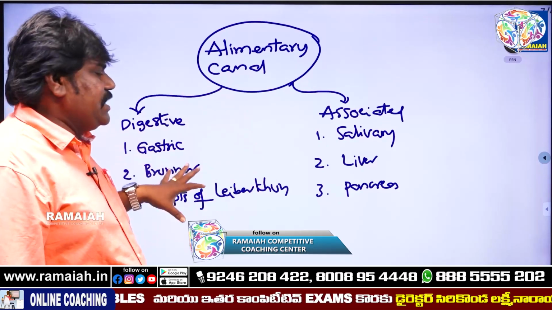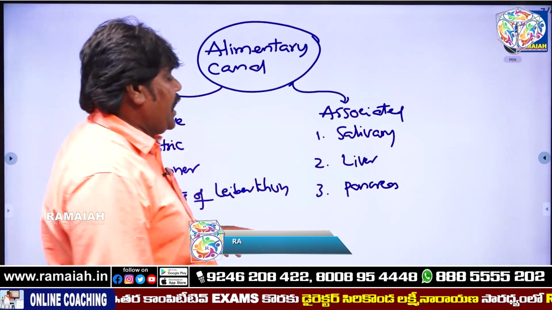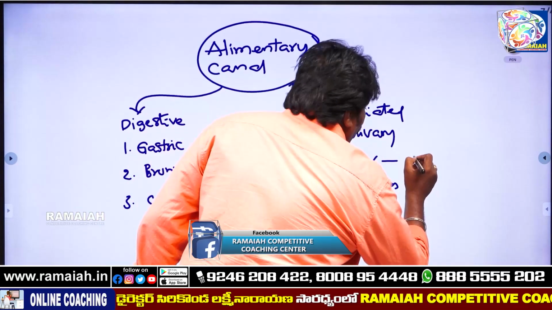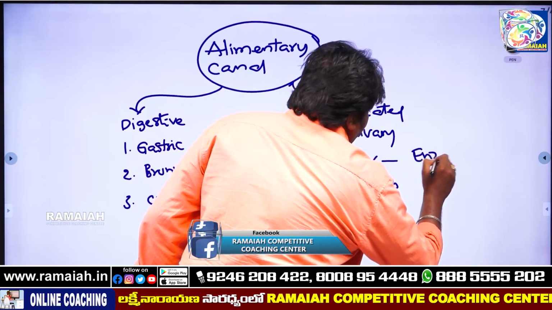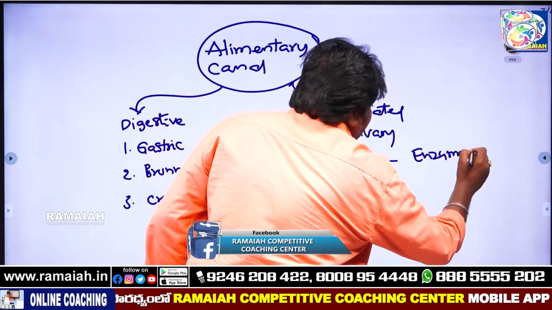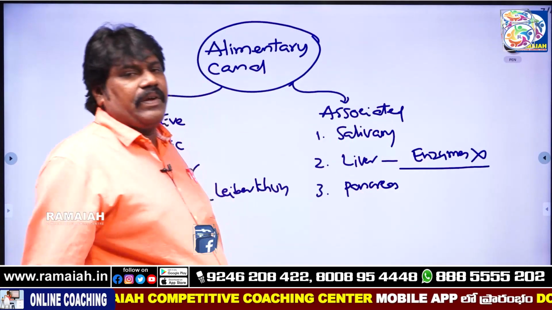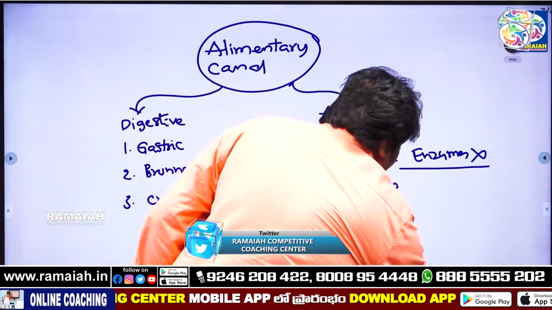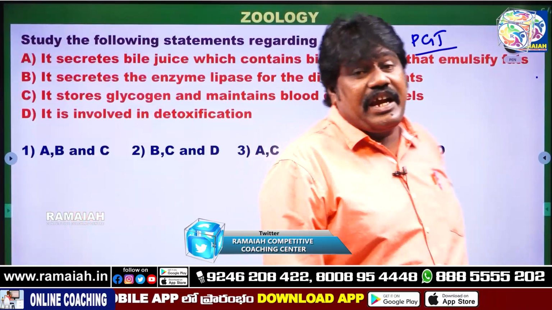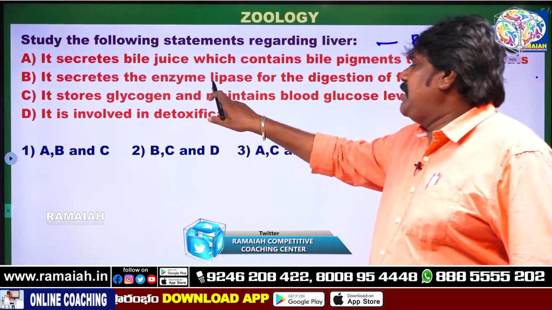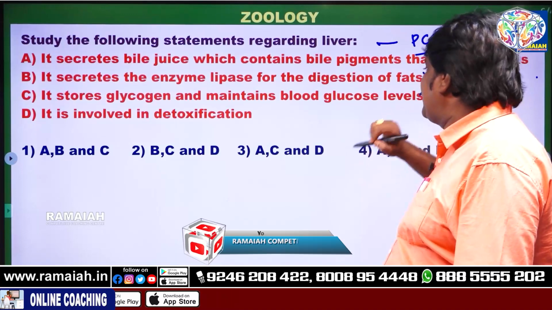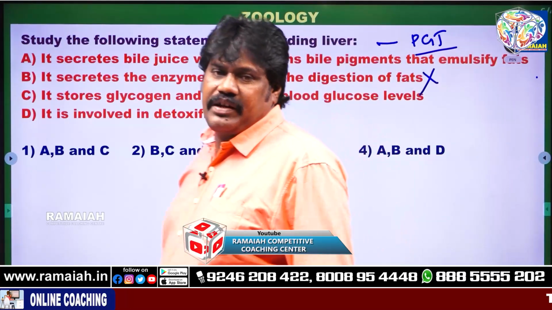Among these glands, the liver secretes a digestive juice that does not have enzymes. The liver secretes bile juice, and enzymes are absent in it. The second option says it secretes the enzyme lipase for the digestion of fats, so that is the wrong statement about the liver.